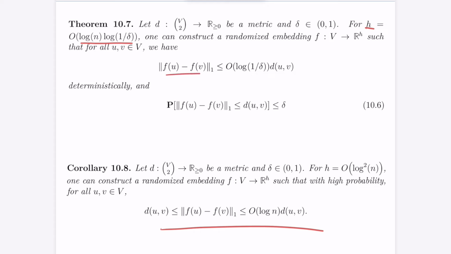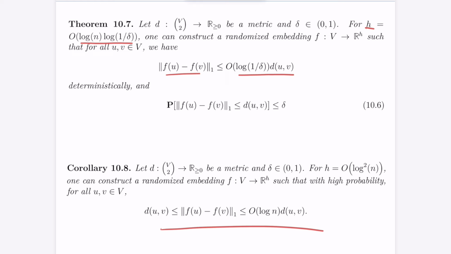One is that this will be at most log of 1 over delta, you can think of 1 over delta as n, so it'll always be at most log n times the distance. And then it'll be smaller than the distance with probability at most delta, so it's 1 over n.